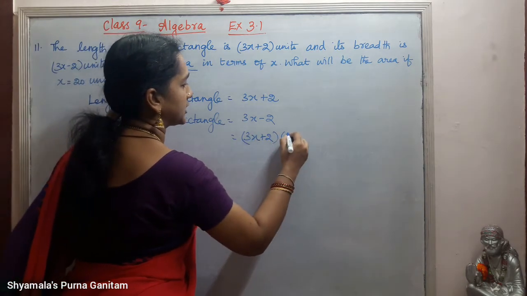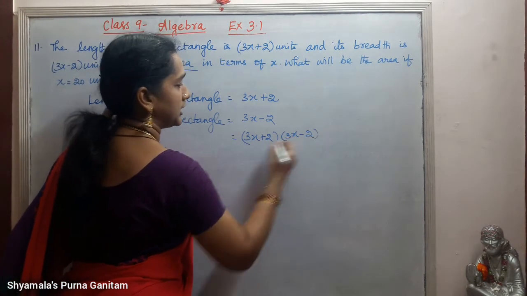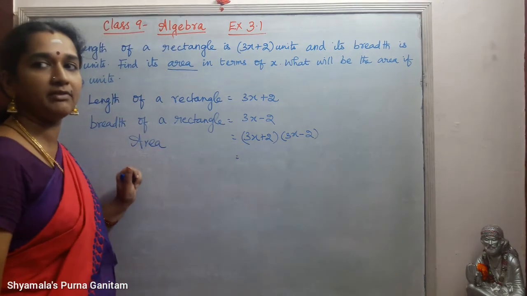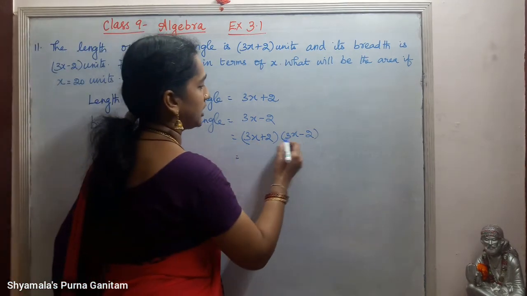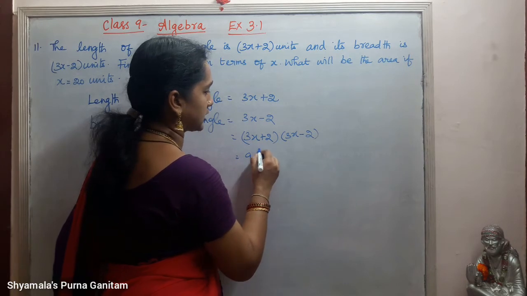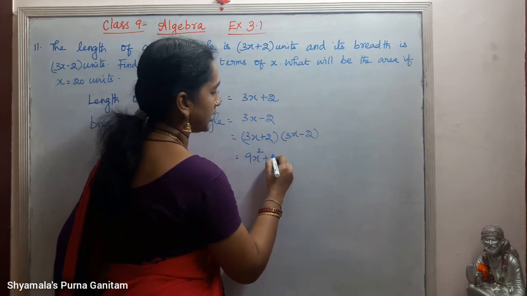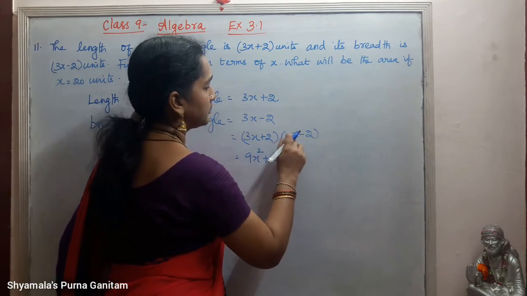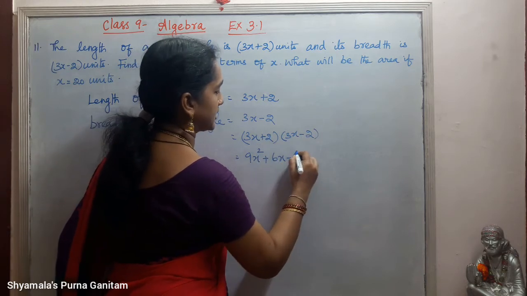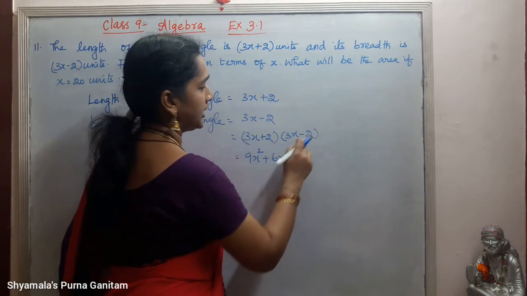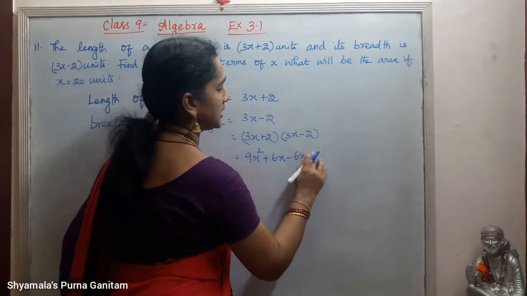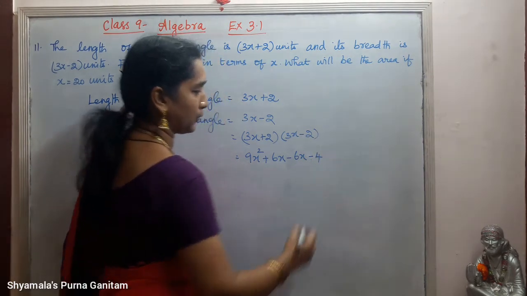Length is 3x plus 2, breadth is 3x minus 2. If we multiply this, we will get the area. So 3x into 3x is 9x squared, plus 2 into 3x is 6x, then minus 6x, 3 twos are 6x, then plus into minus is minus 4.